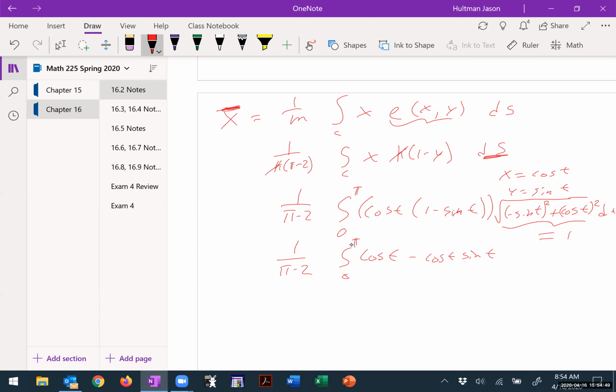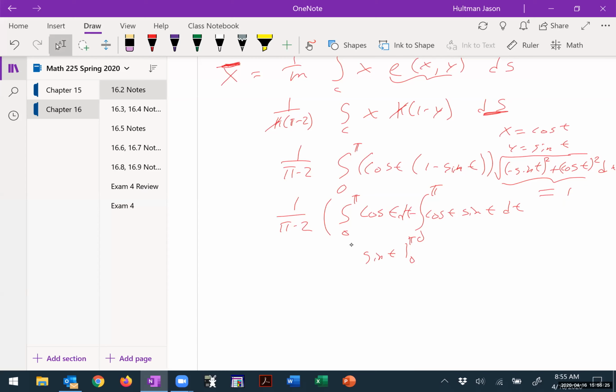Let me actually break this up into 2 integrals. The first one, I'm going to integrate cosine of t. Well, that's super simple, that's just sine t, from 0 to pi. So what is that going to become? Well, that's just going to be 0 minus 0.